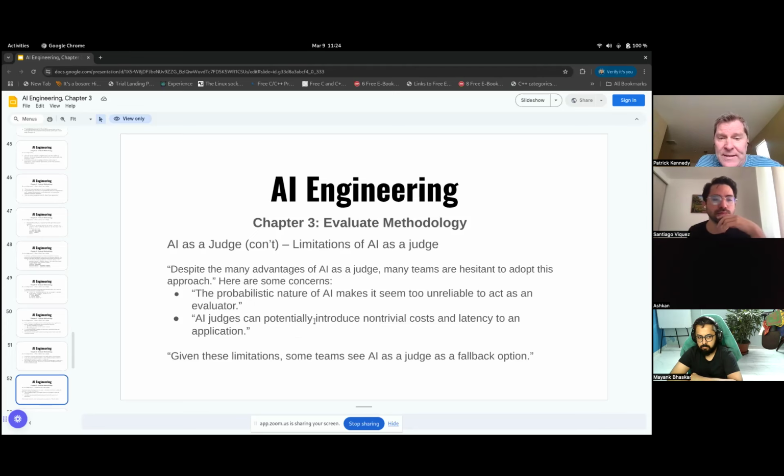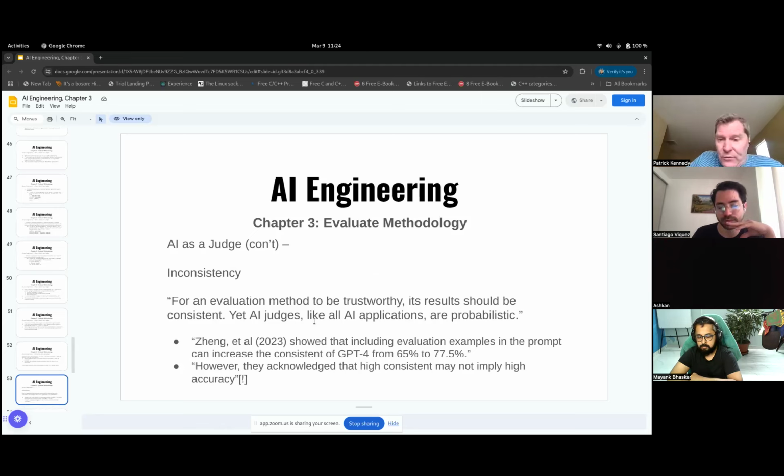The probabilistic nature of AI makes it seem too unreliable to act as an evaluator. And AI judges can potentially introduce non-trivial costs and latency to an application. Given these limitations, some teams see AI as a judge as a fallback option. However, the next few slides provide even more insight, and sometimes this can be overcome.